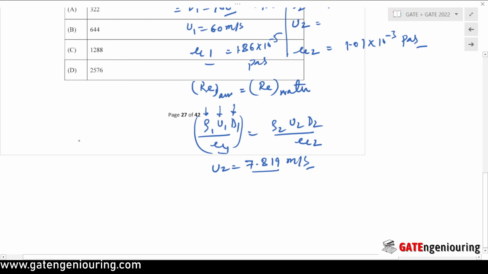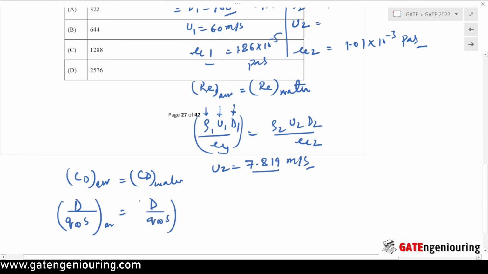Now we know that for dynamic similarity, the coefficient of drag in air must be equal to the coefficient of drag in water. And what is the coefficient of drag? That is drag force divided by q infinity into s. For air it is equal to drag upon q infinity into s for water. Okay, so what is s?